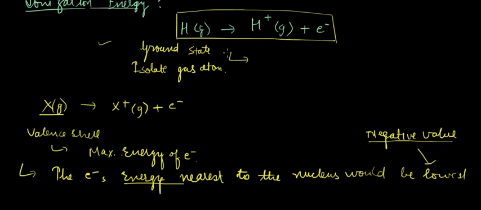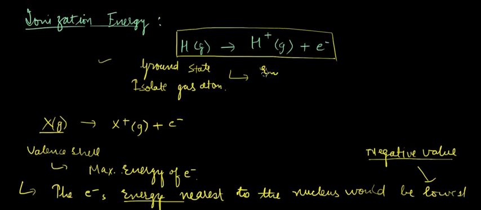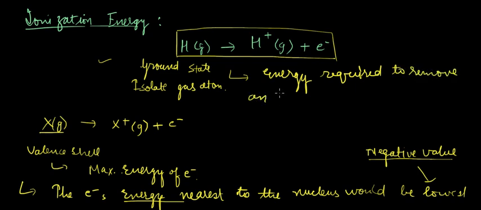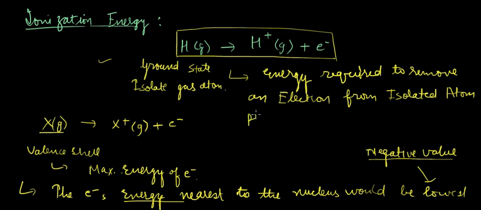So in this case we can define ionization energy as the energy required to remove an electron from an isolated atom present in gaseous state.